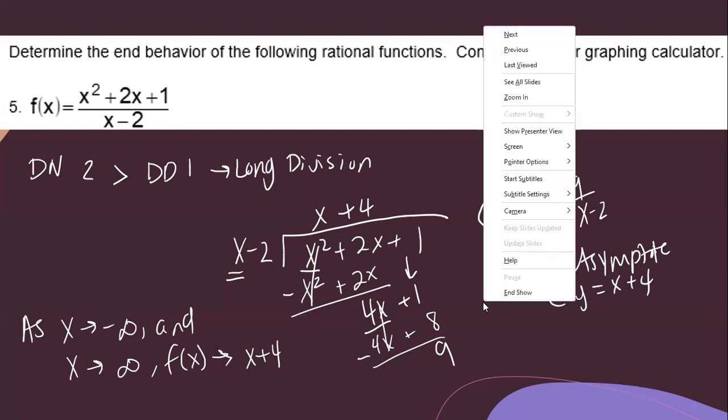Yes. We're only, yeah. When they're approaching, one's approaching +infinity, the other's approaching -infinity.